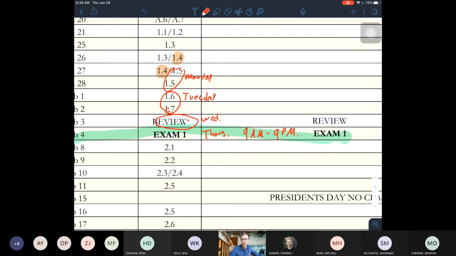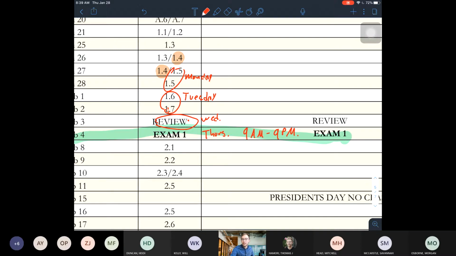Most students just find that to be sufficient, but I definitely do recommend that you try the practice exam before you look at the solution, because you want to have a good idea of how well you understand the material before you look at how well I can present it.